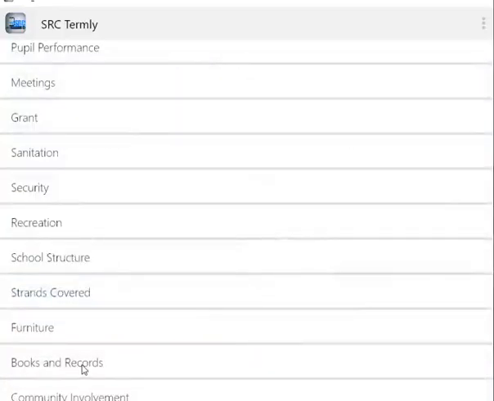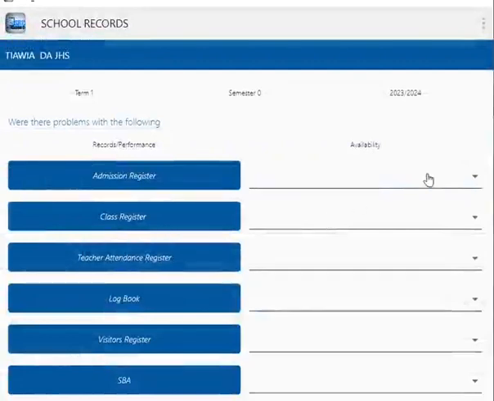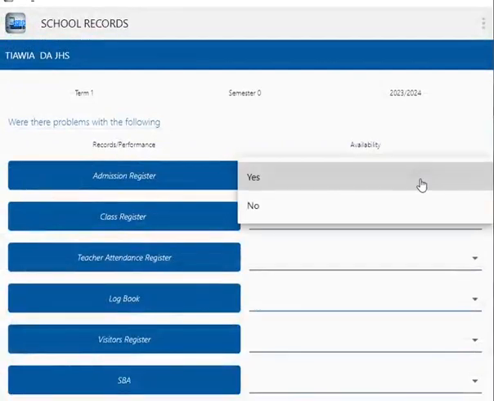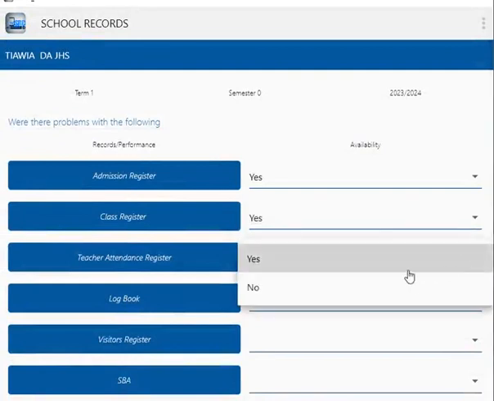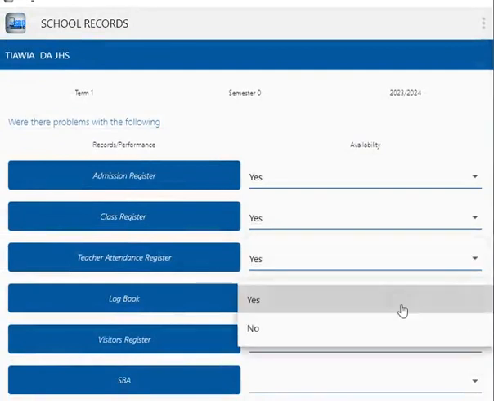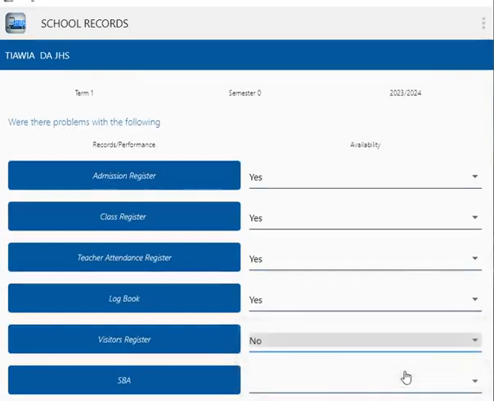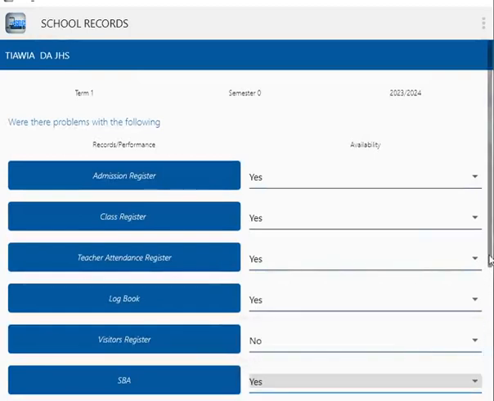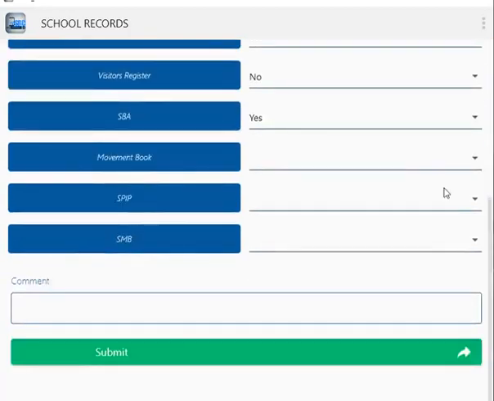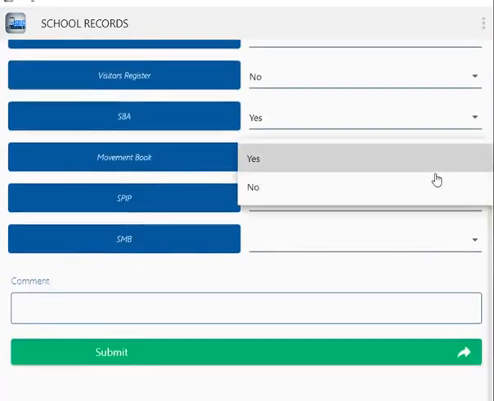So you continue with books and records, similarly. Admission register, do you have it? Yes. Class register, yes. Attendance register, yes. Logbook, yes. Visitors register, no. SBA, yes. Movement book, yes.